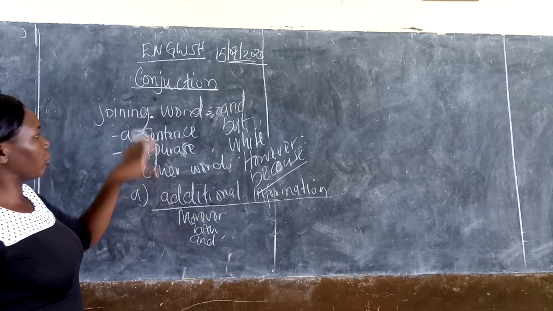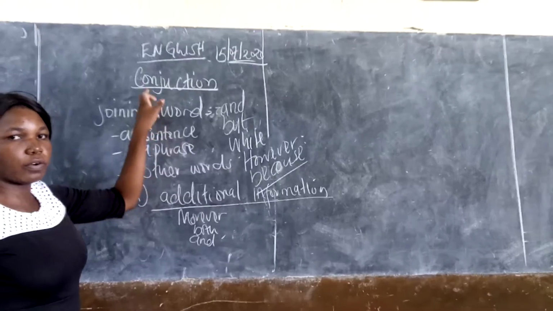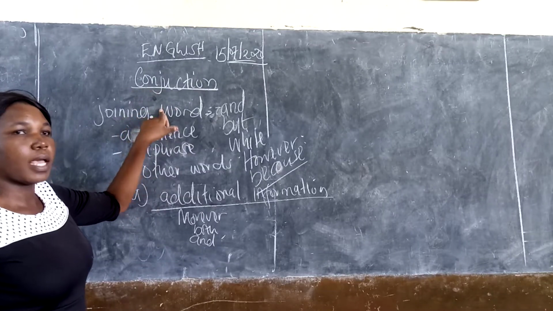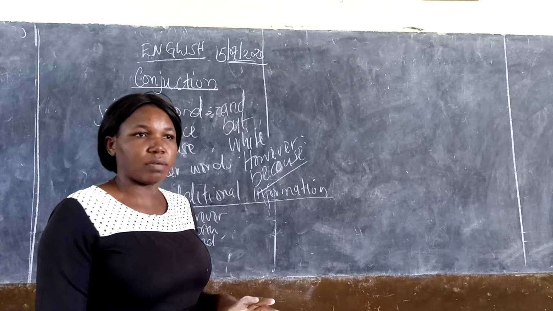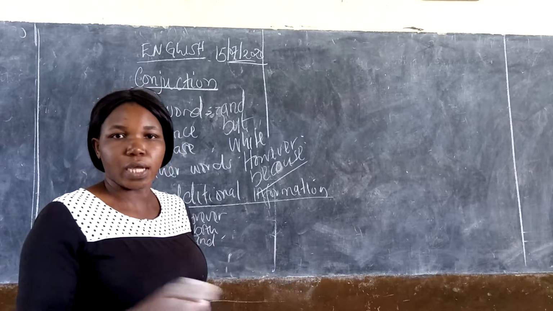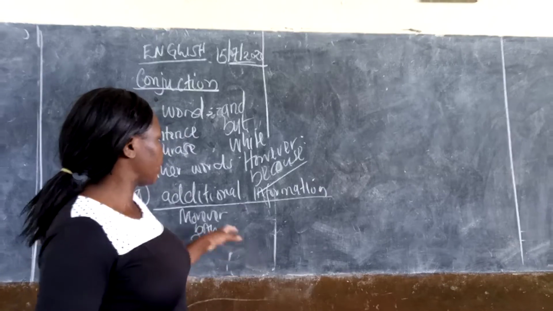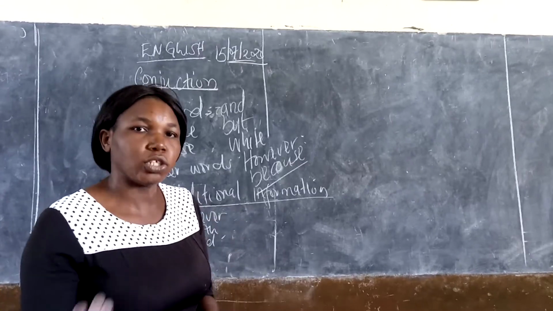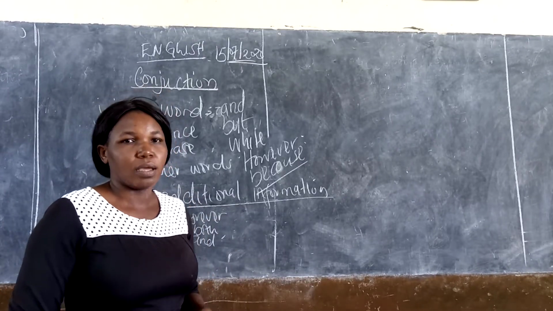These are types of joining words. There are different types of conjunction, and you cannot just put a conjunction anyhow. You have to look into that sentence. Is it additional? Is it adding to something?